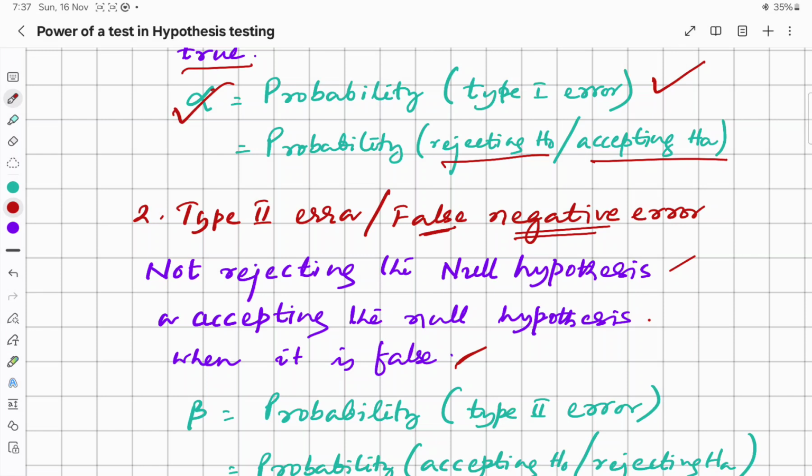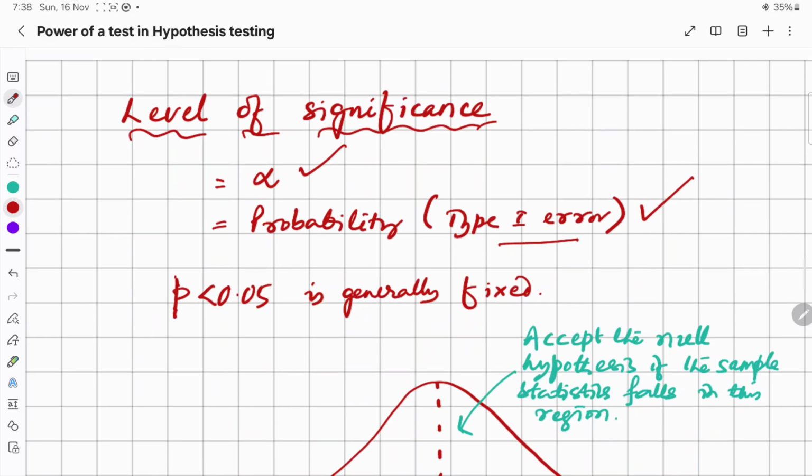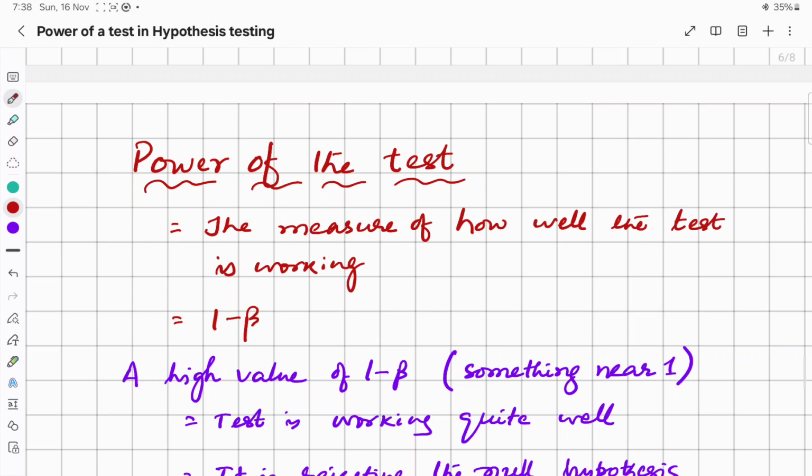The probability of type 2 error is called beta. So the probability of accepting the null hypothesis, or rejecting the alternate hypothesis, we can call beta. And 1 minus beta is called the power of the test.